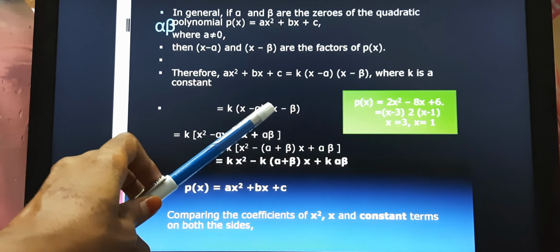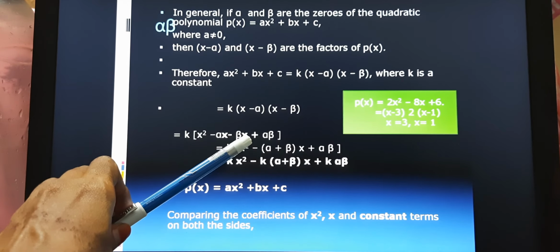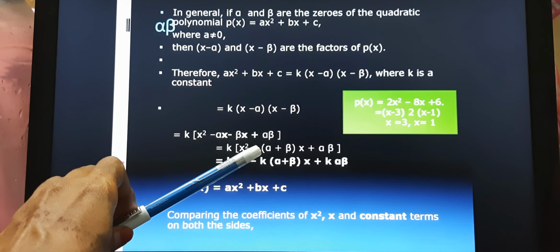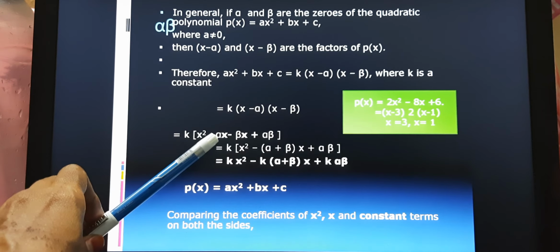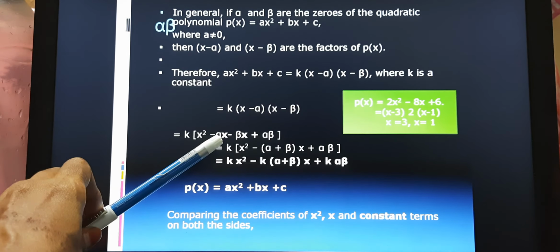So x square, alpha x, beta x, alpha beta. So here k remains the same, x square as it is, but here, as in splitting the middle term, we have x here, x here also. So we can take x as a common thing. So minus also we can take common, right? So alpha plus beta into x.